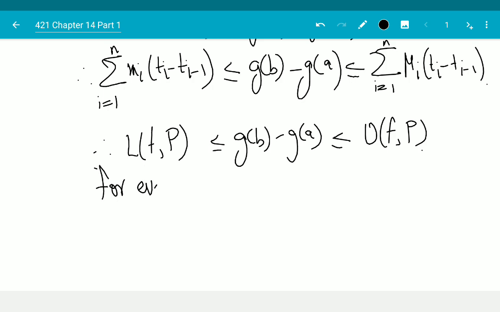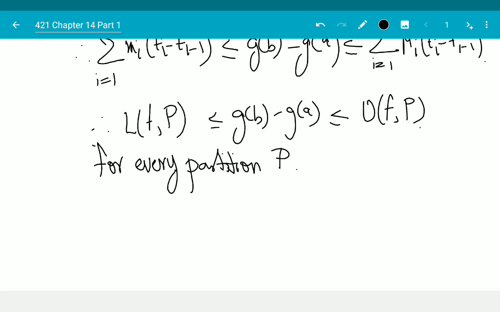For every partition P. But well, I assumed that my function f is integrable.